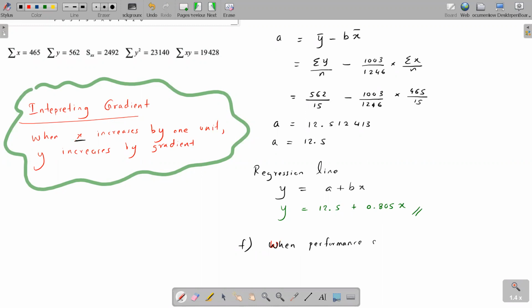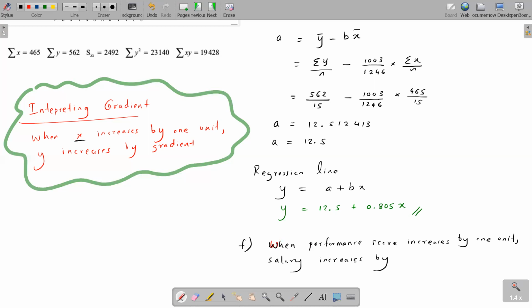So x means the performance score. When the performance score increases by 1 unit, the salary increases by the gradient. What's the gradient? Children, what's the gradient? 0.805.